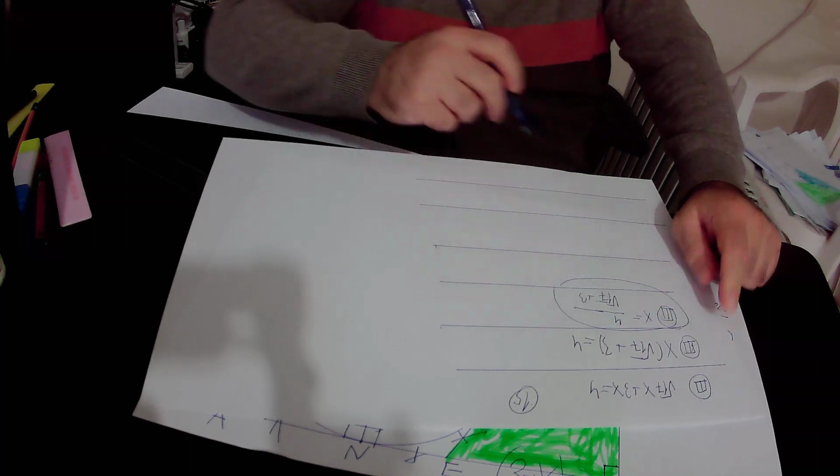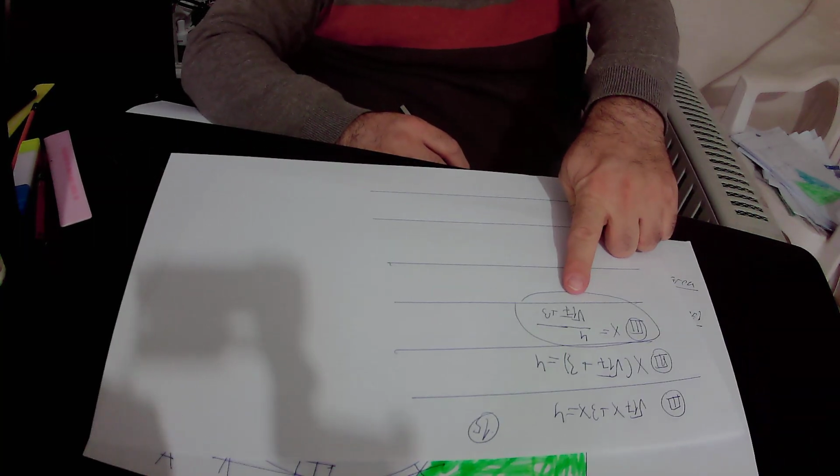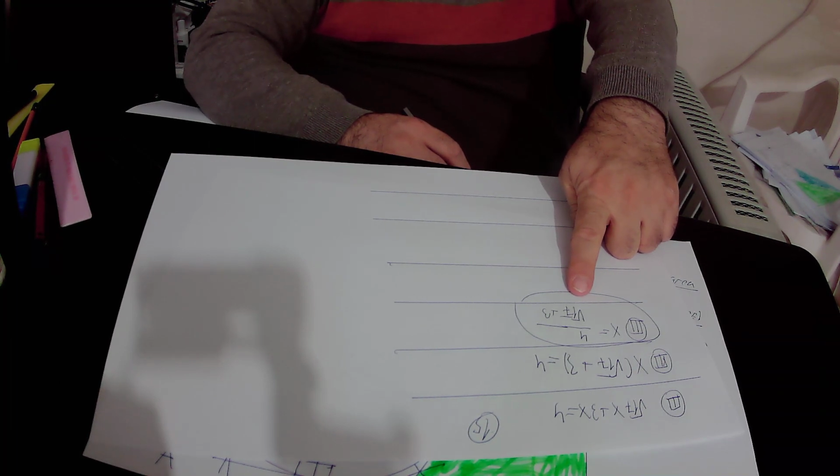Here we will multiply this side of equation number 3 by square root of 17 minus 3, and then we will divide it by square root of 17 minus 3, in order to get rid of the square root in the denominator.